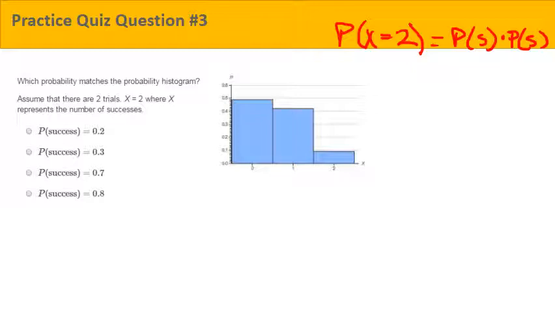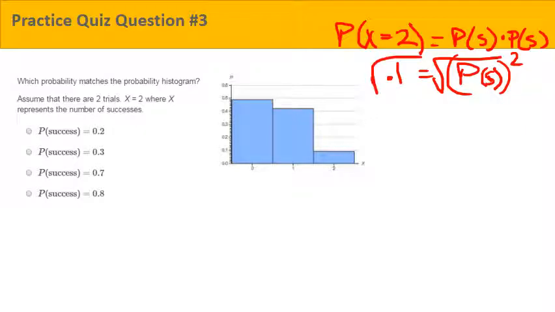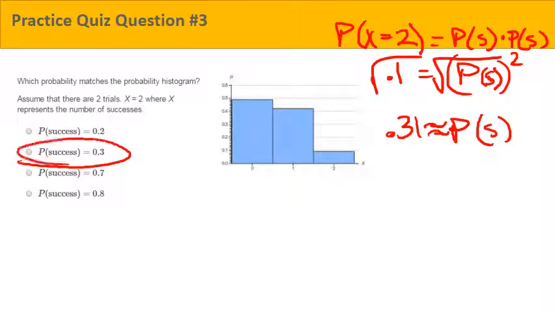So if we take that 0.1 and set it equal to that probability of success squared, we can take the square root of both sides. So therefore, the probability of success is equal to the square root of 0.1, which is approximately 0.3. I think it's like 0.311 something. Okay, so that means your probability of success would be about 0.3.